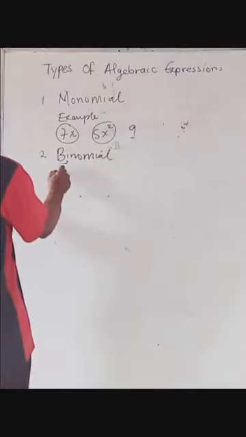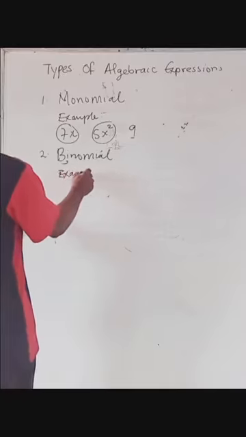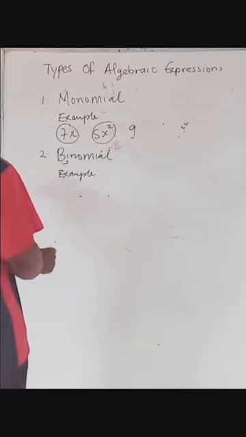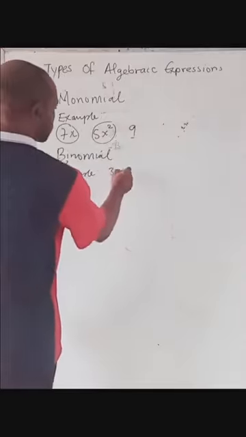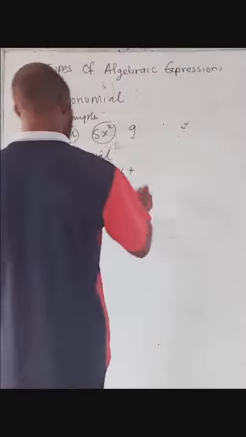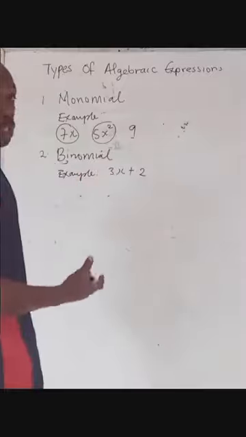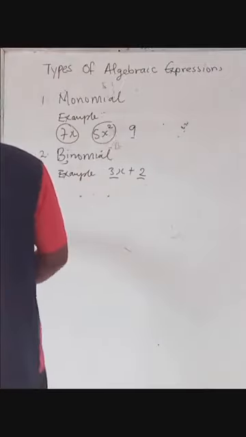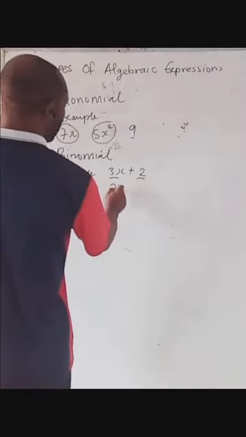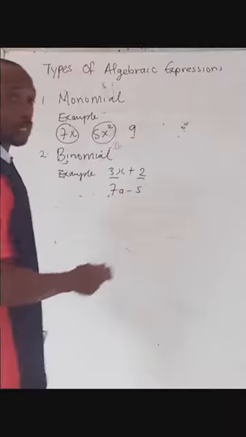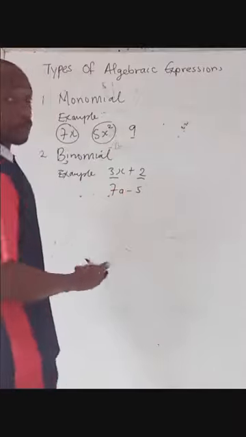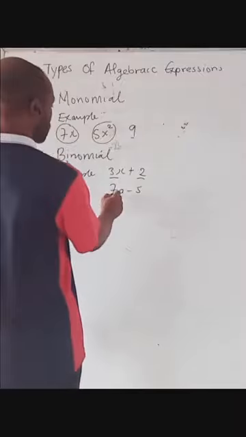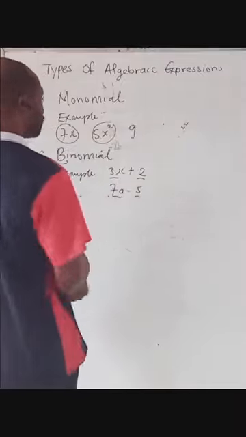Example, when we have 3x plus a number, let's say plus 2. This is a binomial because it contains 2 terms, 3x and 2. Then 7a minus 5 is also a binomial. 2 terms, 7a and 5.